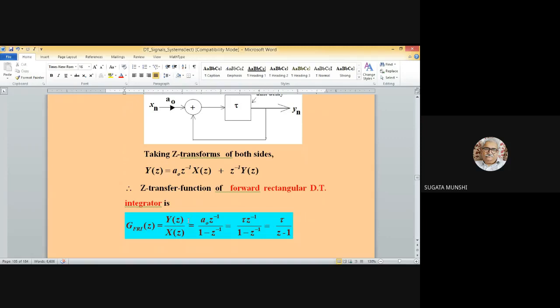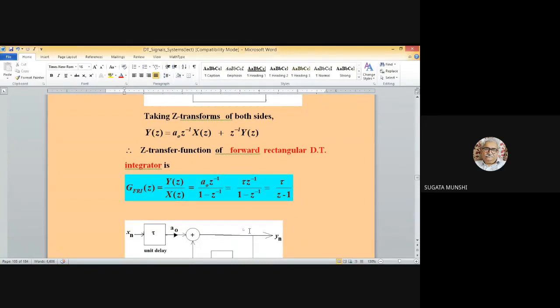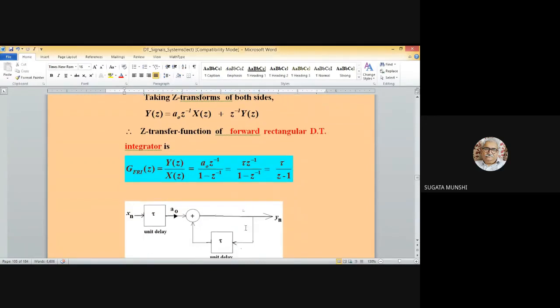You have simply an extra z to the power minus 1 term here in the numerator. That is a structure that can be realized in practice.